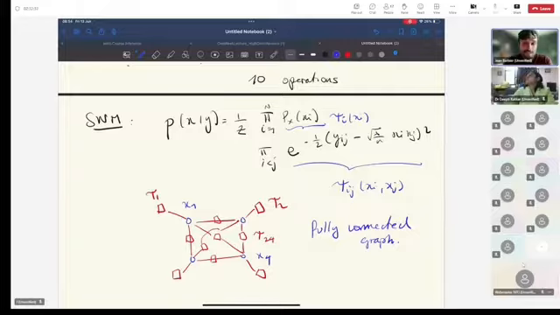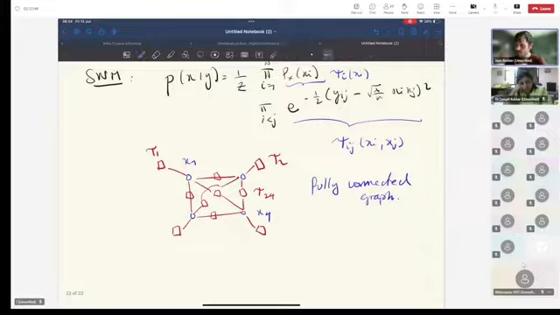The reason is that belief propagation does work on this type of graphs as well. So first of all, belief propagation is guaranteed to work on trees, but you can also run it on graphs which are not trees.